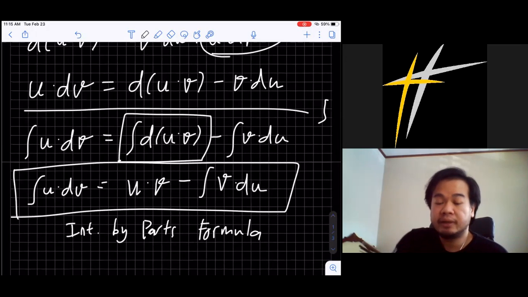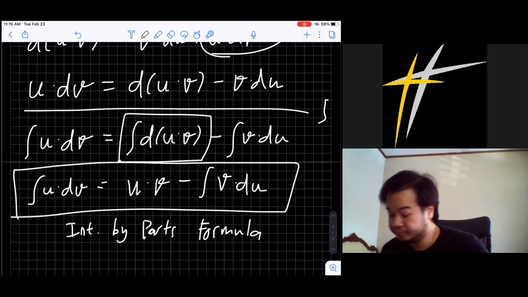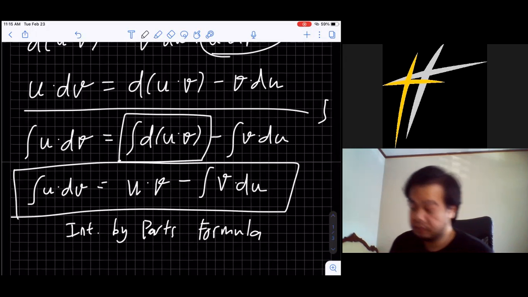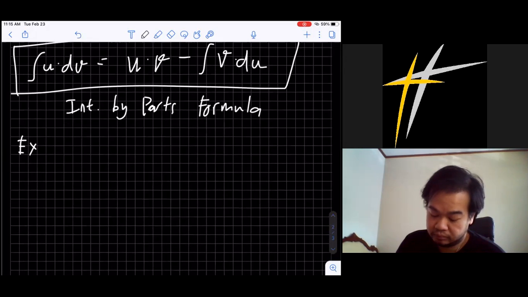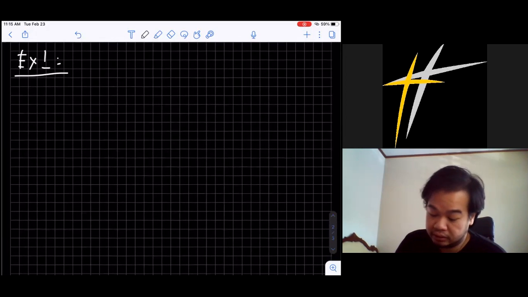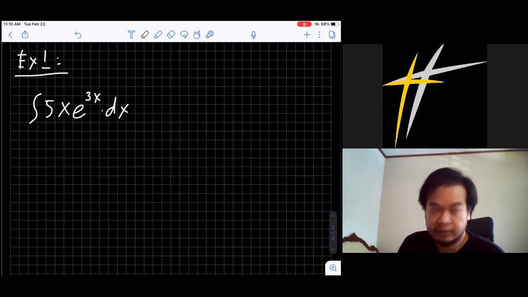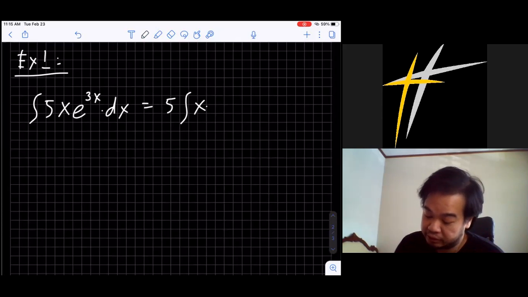Okay. Now I'm gonna give you example 1. Example 1, the integral of 5x times e power of 3x dx. Then I will simplify into 5 times the integral of x times e power of 3x dx.